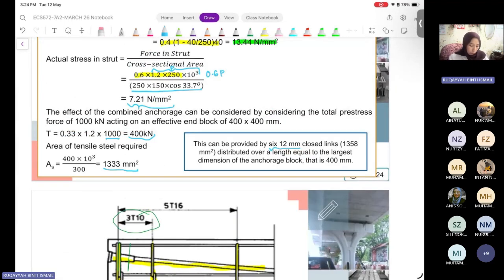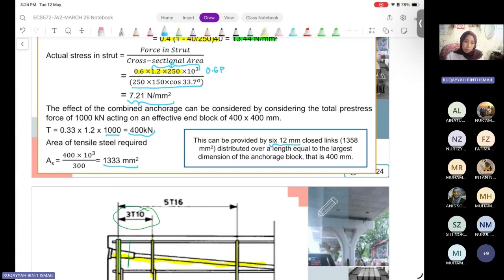But for post-tension, it does not calculate the transmission length. We could also calculate it, but since the question doesn't ask for the transmission length calculation, it is a bit incomplete for this particular example. Okay, everyone? Are we clear?